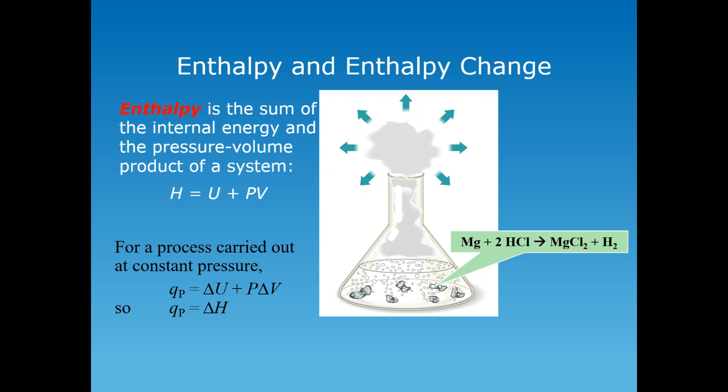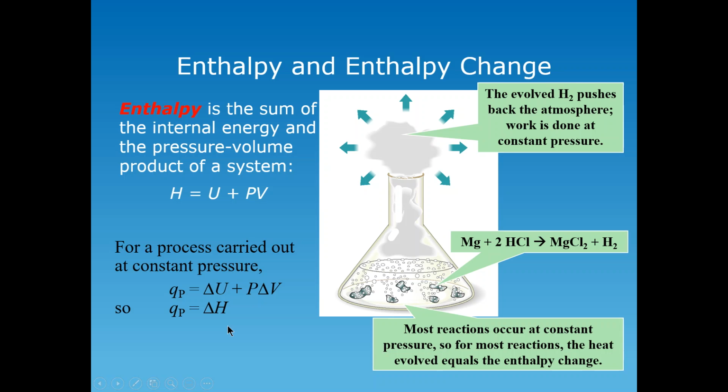Now, this brings us to a new term, which is called enthalpy, right? The actual definition of enthalpy is given right here. It is symbolized by the letter H, and is equal to U plus PV, right? So the QP that we were talking about before, the heat change under constant pressure conditions, is actually the same thing as enthalpy. QP is equal to delta U plus P times delta V. More specifically, QP would be the change in enthalpy, all right?